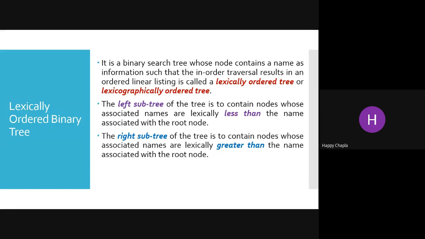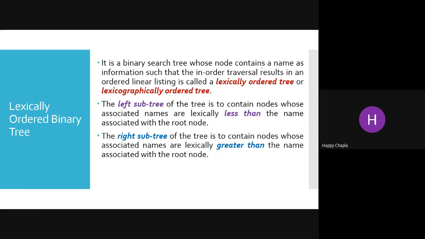Now, the left subtree of the tree contains nodes whose associated names are lexically less than the name associated with the root node, and the right subtree of the tree contains nodes whose associated names are lexically greater than the name associated with the root node.